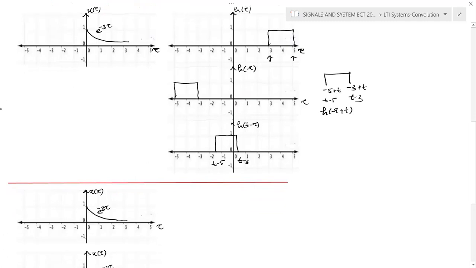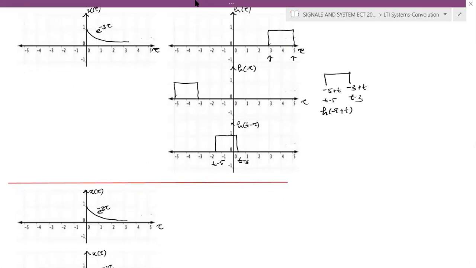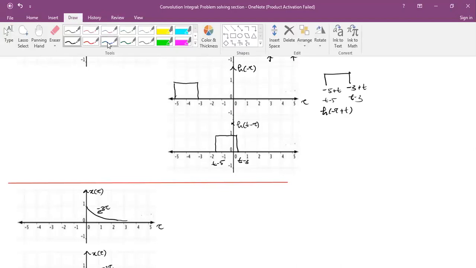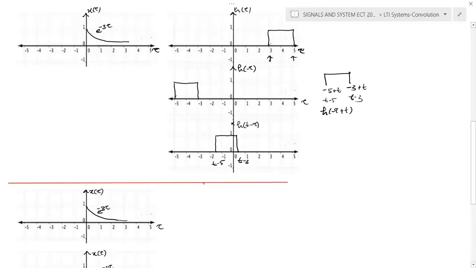First, we can consider the case where t minus 3 is less than 0. So this is t minus 3, and the width of the pulse is 2 units.